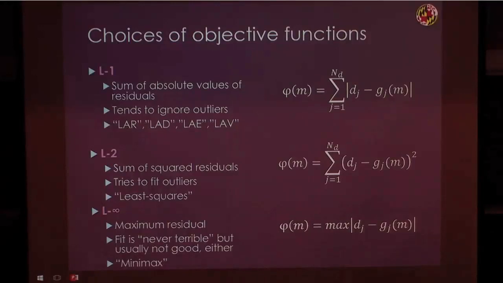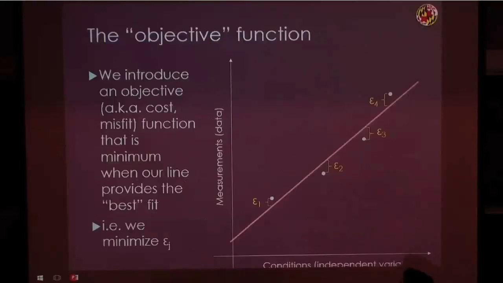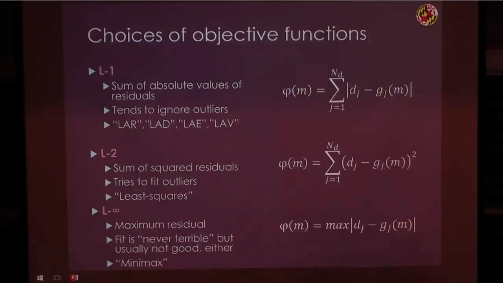And in fact, we have a couple of choices there. In a situation like this, we have not just one residual to minimize, but we have 4 residuals to minimize. In fact, for every data point, we will have a residual. So how do we combine these? Well, one way to combine them is to sum the absolute value of these residuals. So this is the difference between the observed jth point and the prediction for that jth point given the model.